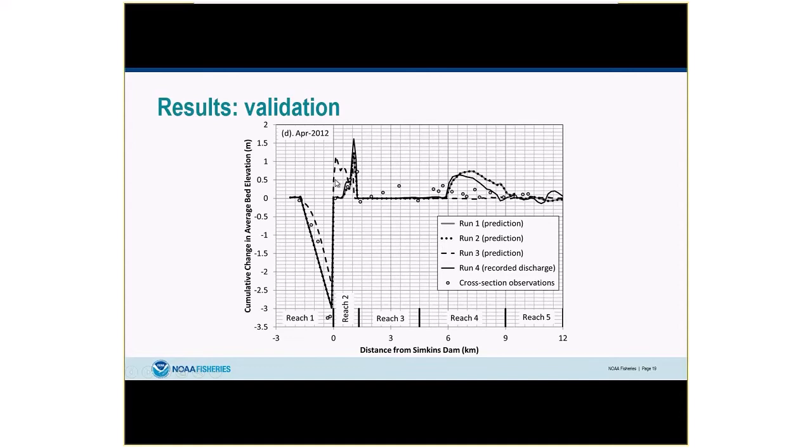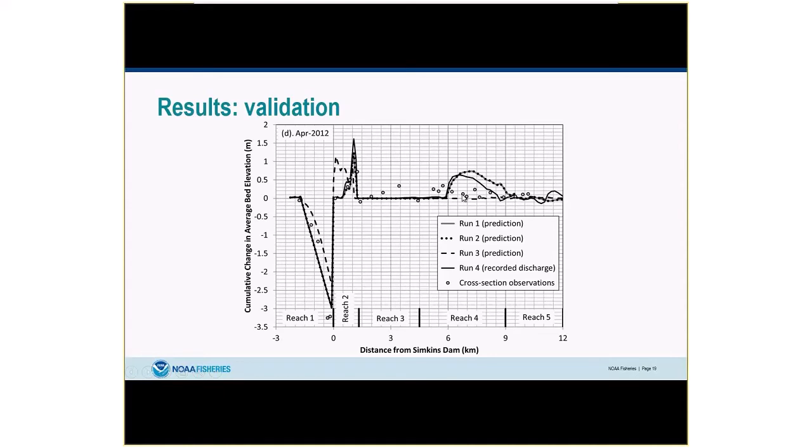So now I'm on slide 19, April 2012. It's a year and a half or so since dam removal, and observations now show sediment deposition in the fall zone. It's catching up to forecast model Runs 1, 2, and hindcast Run 4 that has recorded discharge. Notice that Run 4 does a little better than Runs 1 and 2, but it's still too fast.